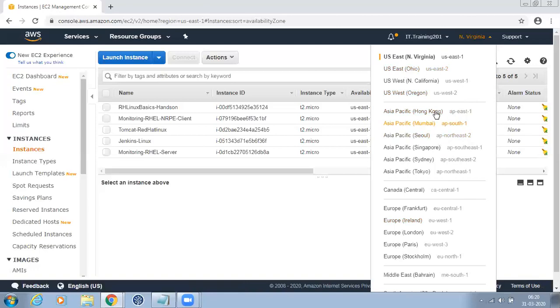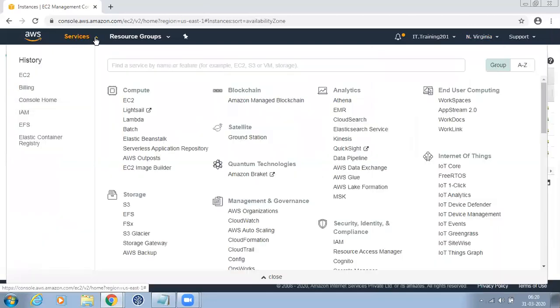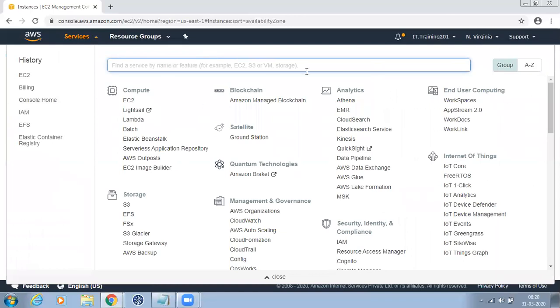Next, this is the complete structure regarding your regions and the respective availability zones, and the complete services it is providing. See, this is the management console. It has multiple services, right?